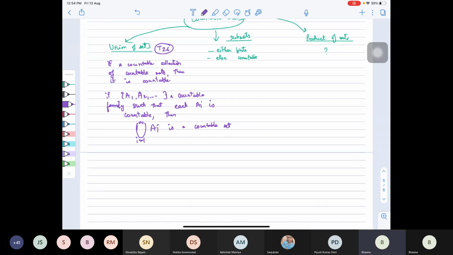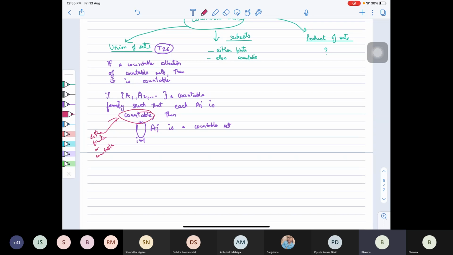It has an equivalent formulation: I can just take the sets to be at most countable. That means I can take them to be either finite or countable, and then it also holds true.